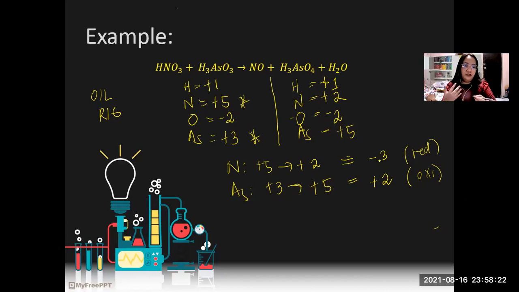Now you've already seen the net change in oxidation number. Now you think of a multiple that is common to both, and that's, we know very well, 6. So you have to multiply the nitrogen side by 2, and the arsenic side by 3. Don't care about the sign yet because you already identified which is which.